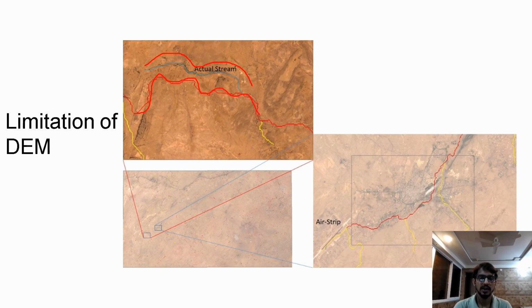So this is one of the errors. And the same with some other features. For example, road networks are also showing as a drainage pattern, which is common because of their elevation relative to the surrounding areas.